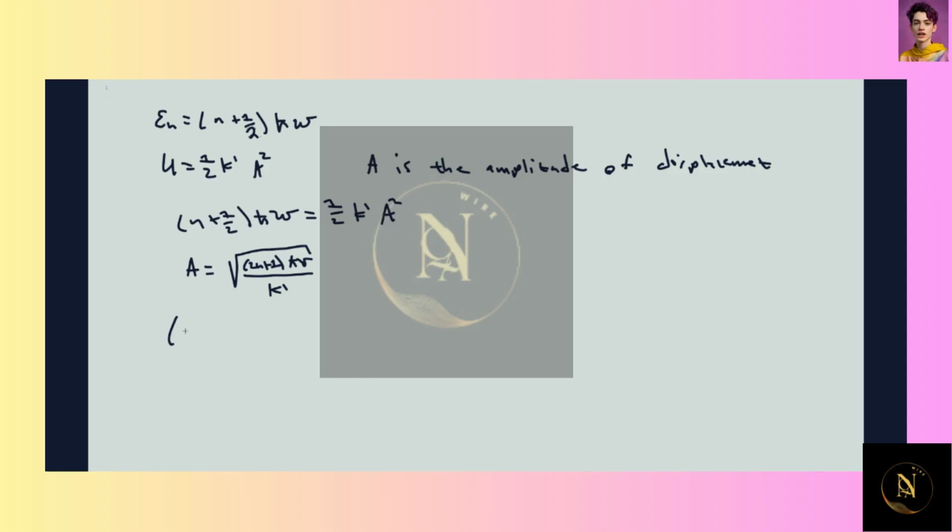So n plus one-half h bar omega is equal to one-half m v max squared. This is the maximum kinetic energy of the particle. Now we can solve for v, where v is equal to the square root of (2n plus 1) h bar omega over m.